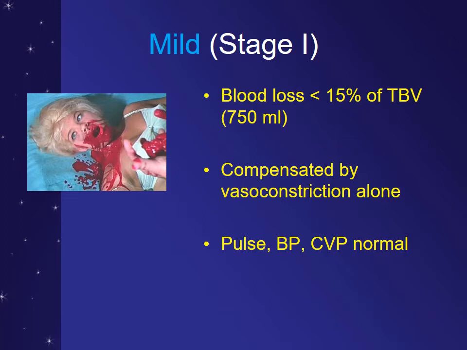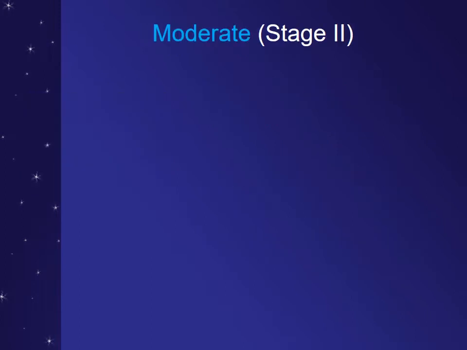So therefore in this patient the blood loss is roughly less than 750 milliliters. And in this stage the injury that is happening to the body is being compensated by vasoconstriction alone, and still the patient's pulse, blood pressure, and central venous pressure may be normal.